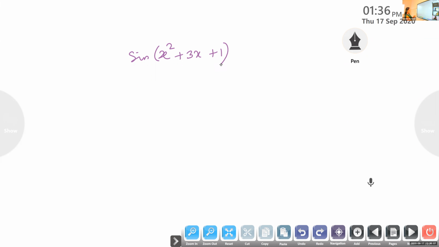I'm not going to give the answer. Let me check who is giving the correct answer. So first step, you name this as y. Then find the derivative.